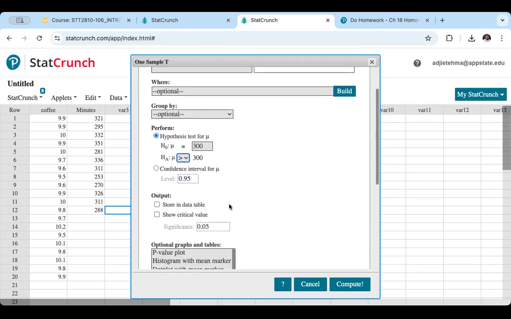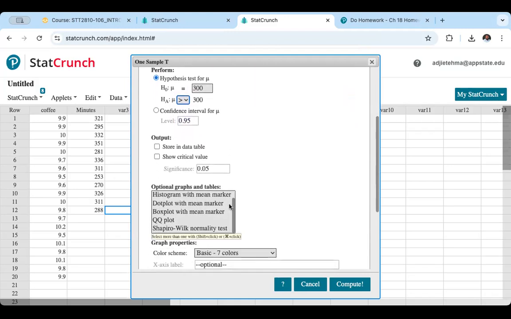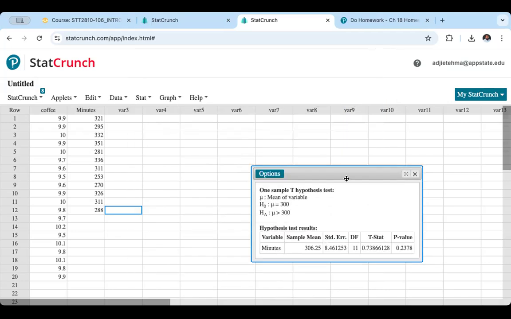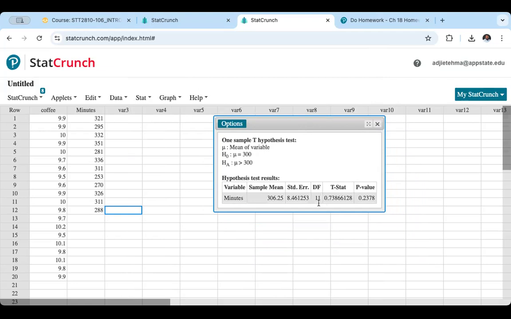And then what do we do next? We hit compute. You see, when you hit compute, it gives you the degree of freedom, the standard error. Is that okay? The sample mean. Okay? This is a sample mean, standard error, degree of freedom.